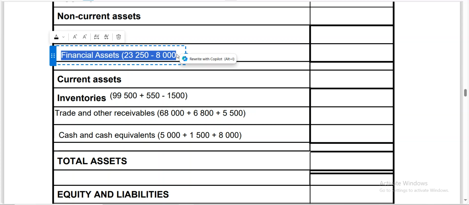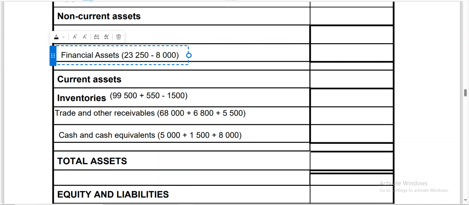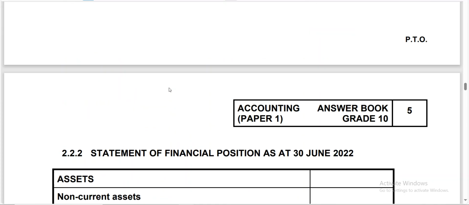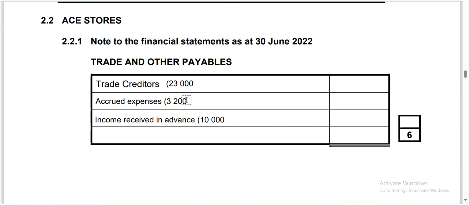Maybe we can start with the total of our trade and other payables, just so that we can finish with it. Remember here we had said that we are going to say 23,000 plus that 5,500, because we are going to credit creditors control. Remember we debited the control, so we'll credit this.